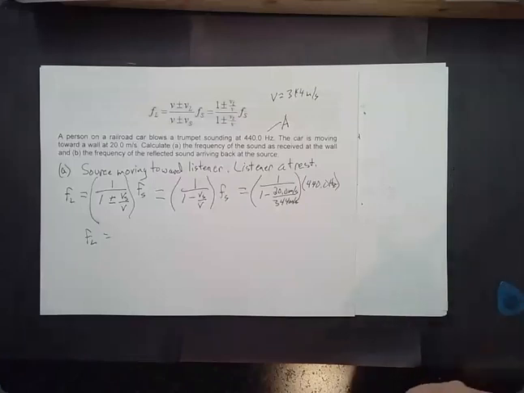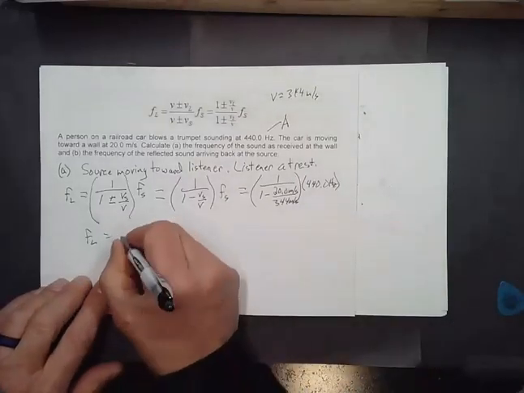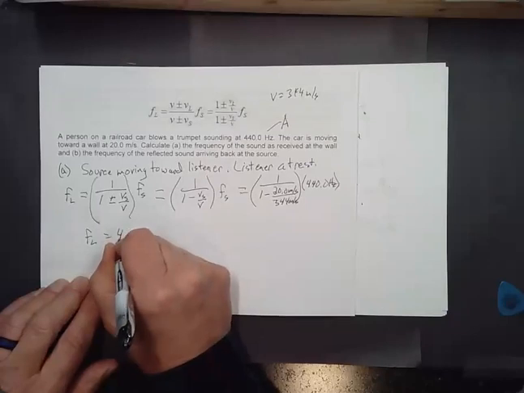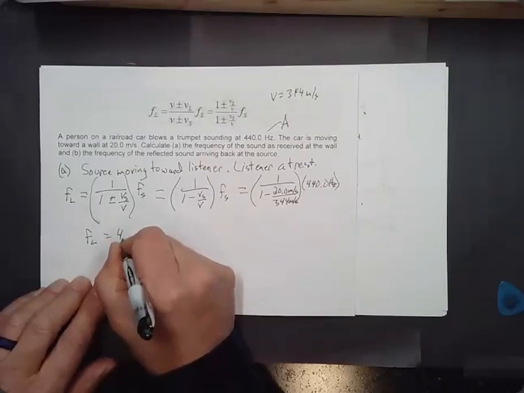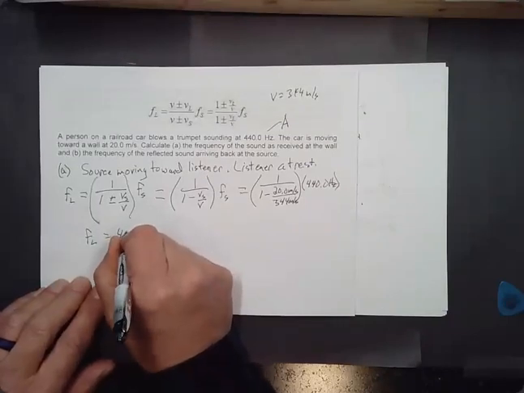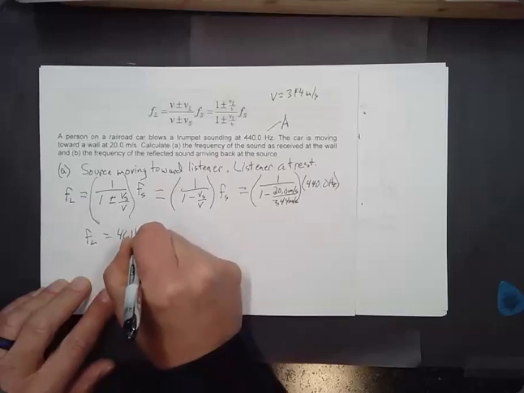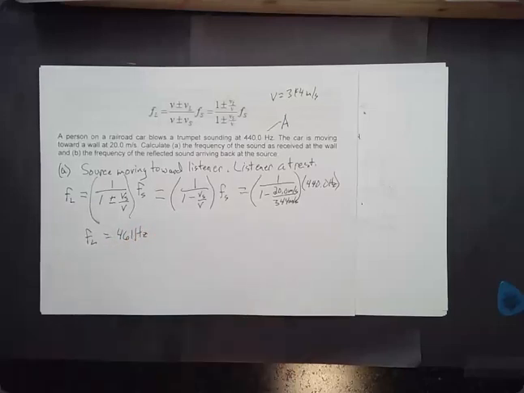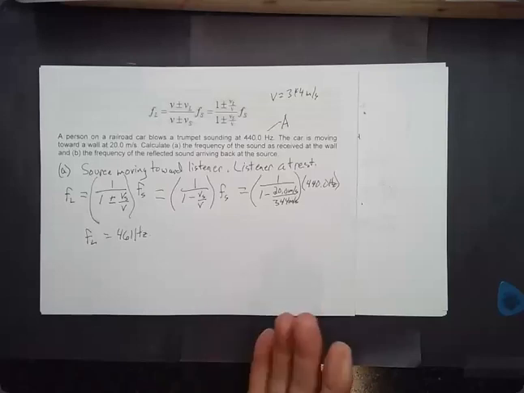And I get 461 hertz. I only have 3 sig figs, so I'll just call it that. Okay, so that's the frequency that's received at the wall.